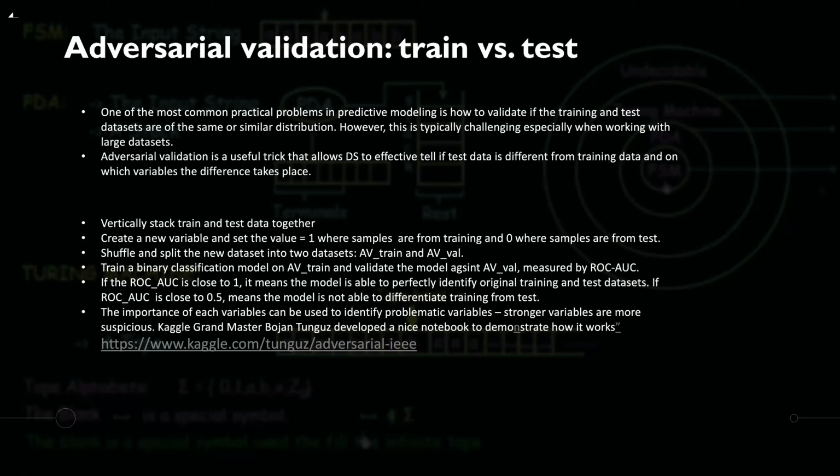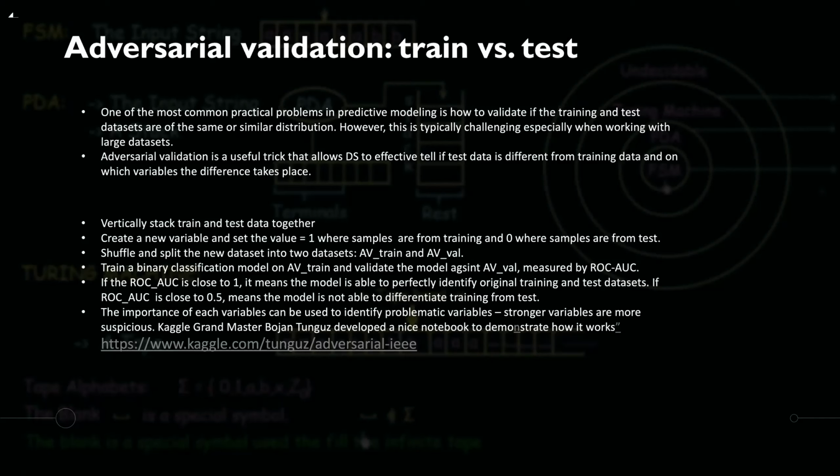if we have new data to predict with, how can we tell if it is of the same or a similar distribution as the data we trained the model with? It becomes particularly challenging if we are working with a larger data set, by which I mean large in both the number of samples and the number of features.